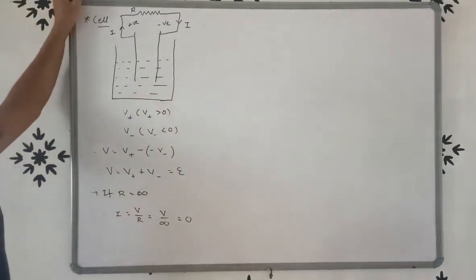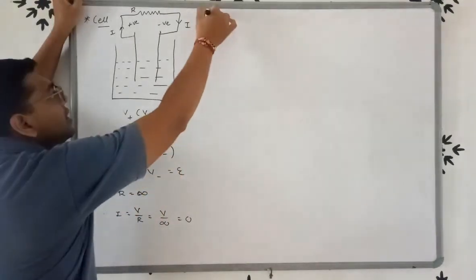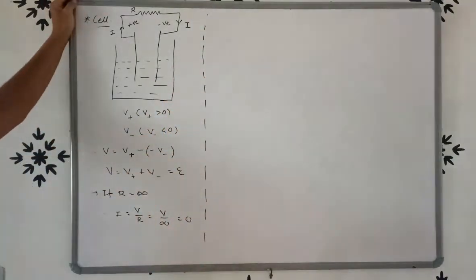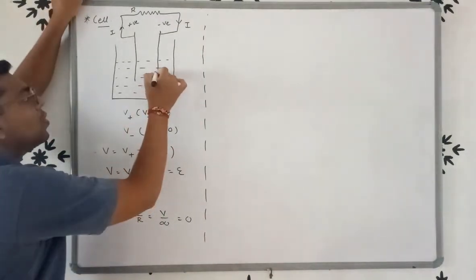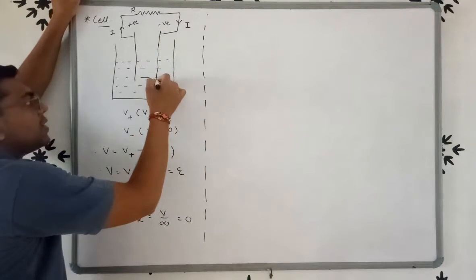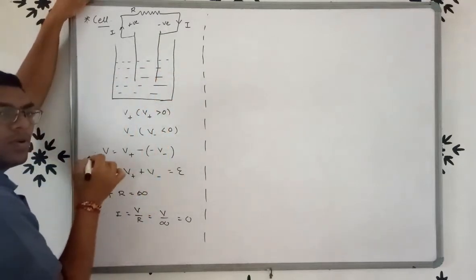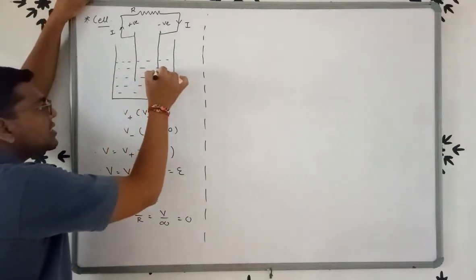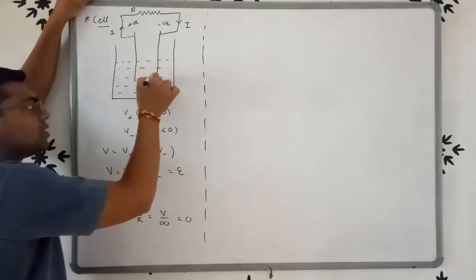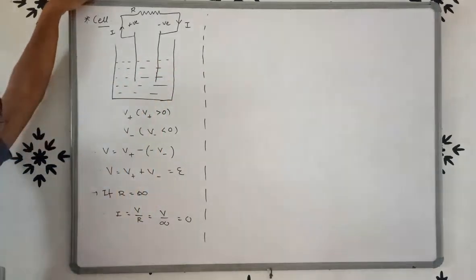Now here we know that the positive charge flows from the negative to the positive electrode. So the charge will be passing through the electrolyte.